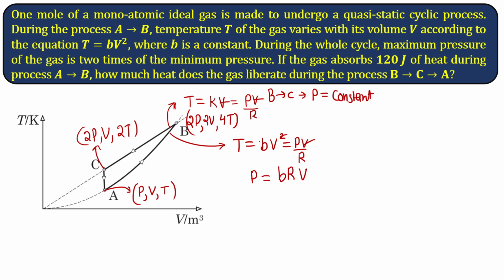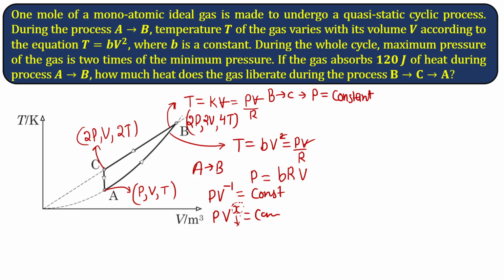Now, if we see this process A to B closely, A to B is a very special type of process where you can see that if I take this V towards the left, I am getting PV raised to the power minus 1 equal to R, that is constant basically, right? So whenever we get PV raised to the power X equal to constant, we say that this is a polytropic process.